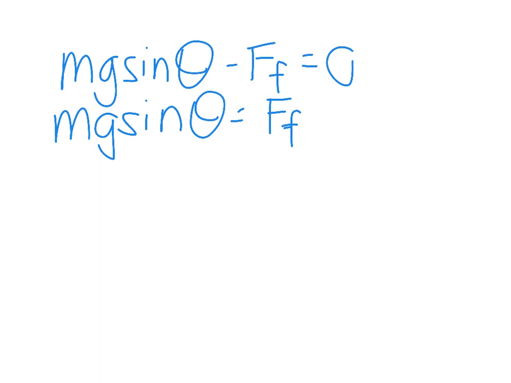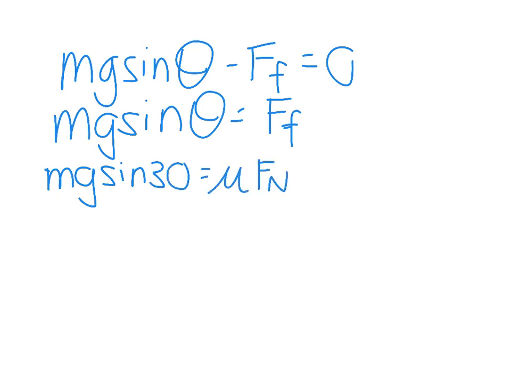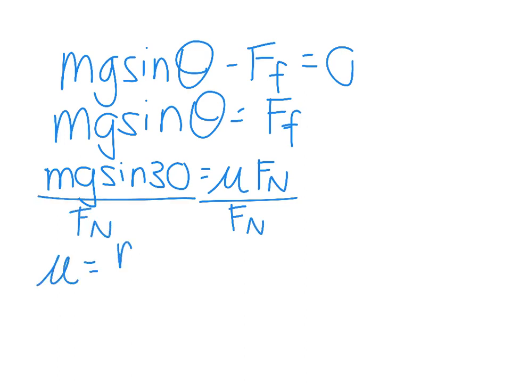Okay, now what I can do is I can substitute in my equation for force of friction. So I'm going to get mg sine 30 degrees equals mu force normal. Divide both sides by force normal. So my equation is going to be mu equals mg sine 30 degrees over force normal.